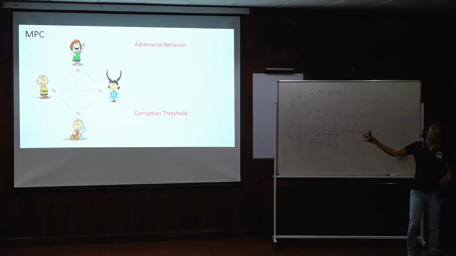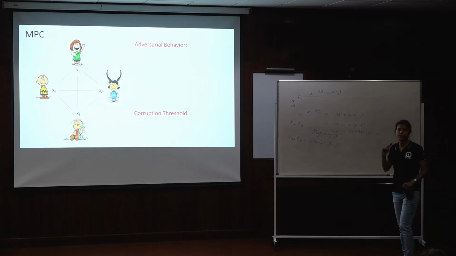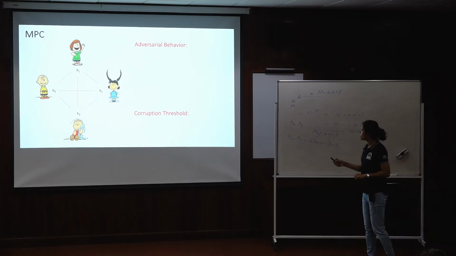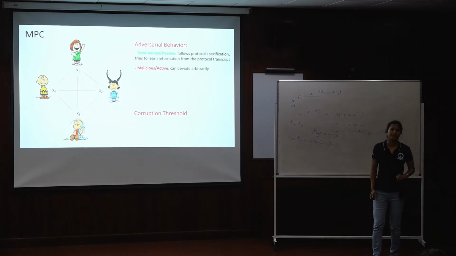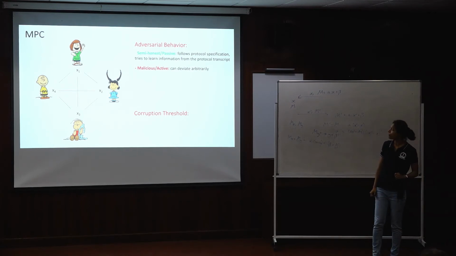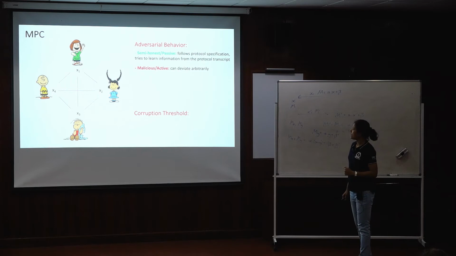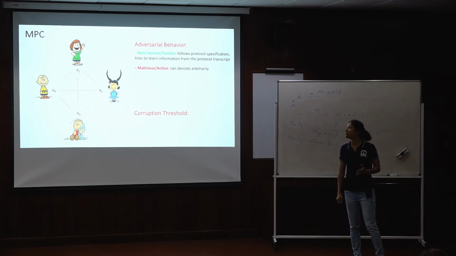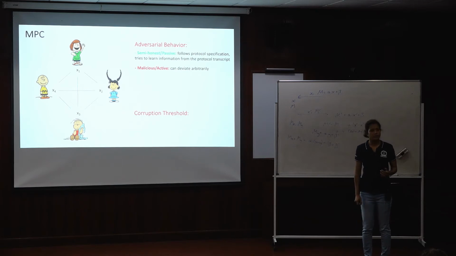You have already listened to this in the previous talks, but let me still repeat. Based on adversarial behavior, we have two types of adversaries, semi-honest and malicious. The semi-honest adversary would follow the protocol specification, yet it will try to learn information from the protocol transcript.